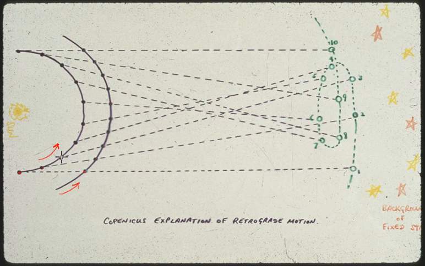And as the Earth appears to overtake Mars, if we look at the third position, Mars is still going forward, but then at the fourth position here, as the Earth overtakes Mars, the angle seems to go back, right?